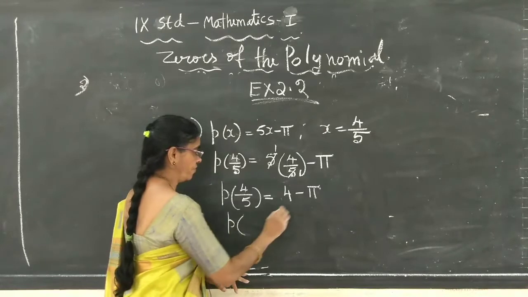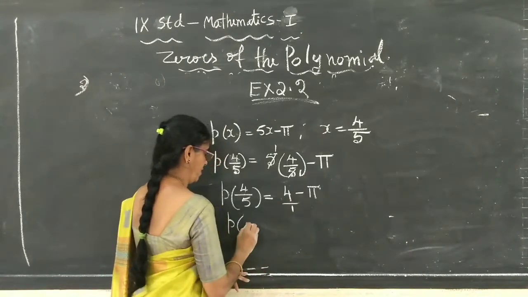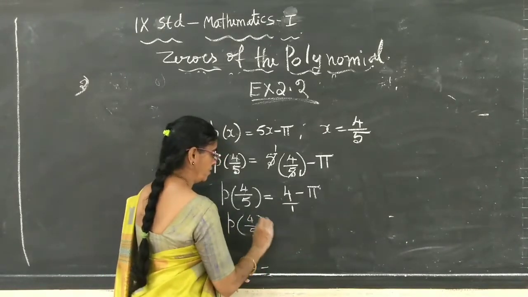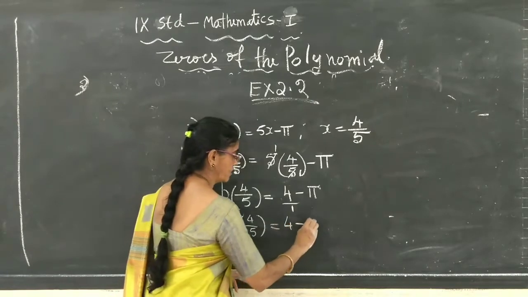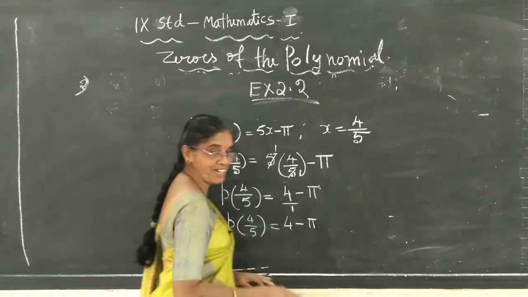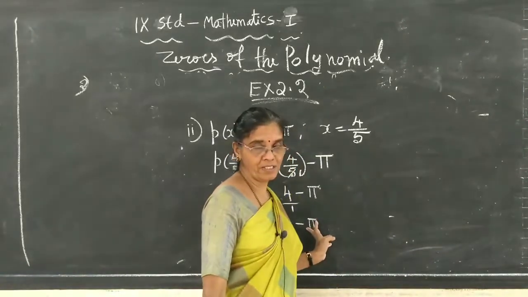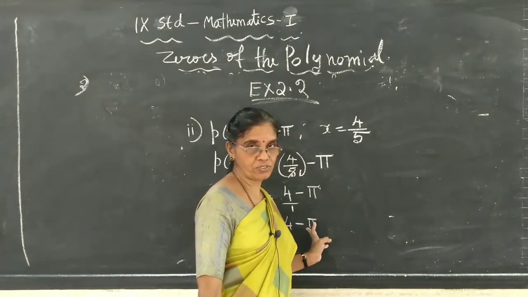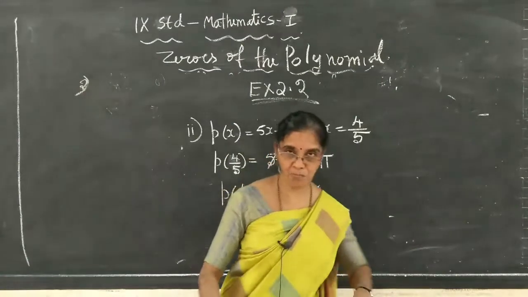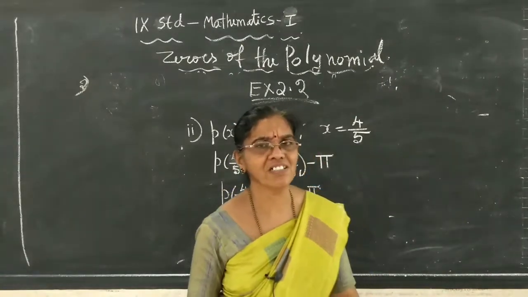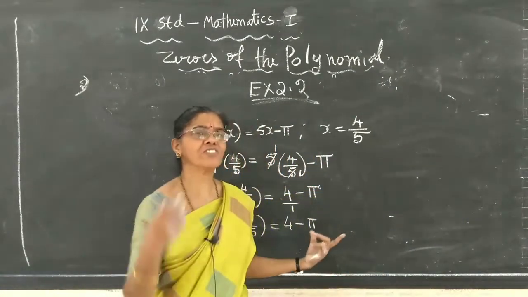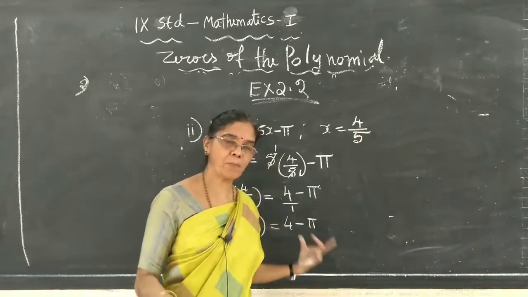So P of 4 by 5 is equal to 4 minus pi. Now can I subtract 4 minus pi? You can write pi as 22 by 7 and simplify, or there is no need. We don't want the value, we just have to see whether it is 0 or not. You can stop here only.